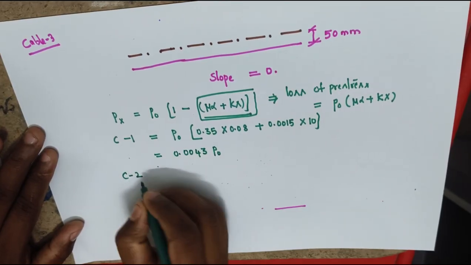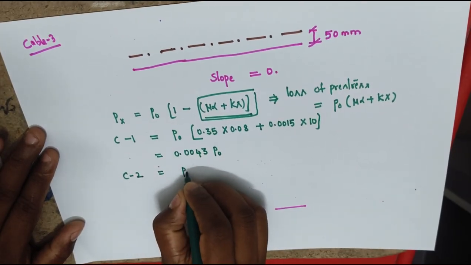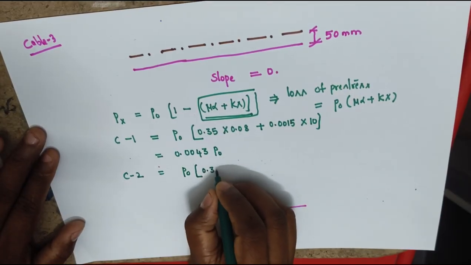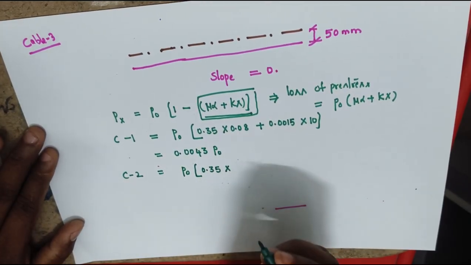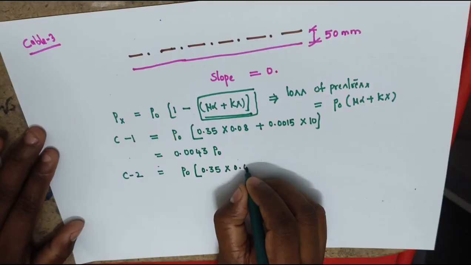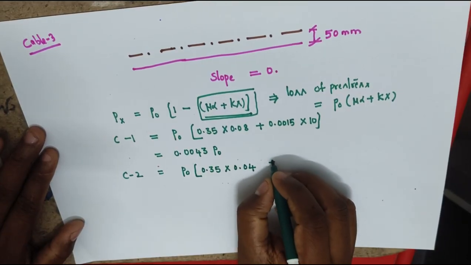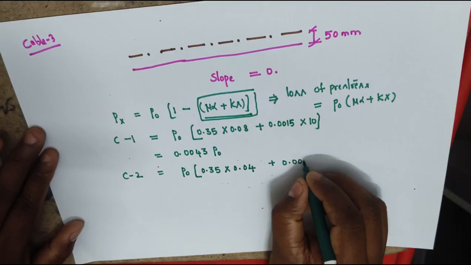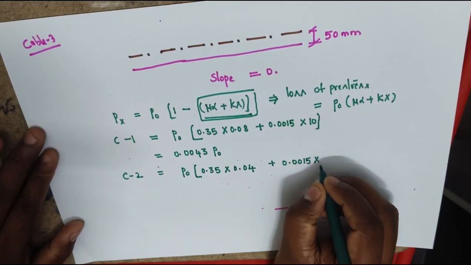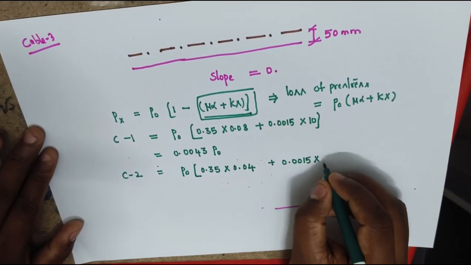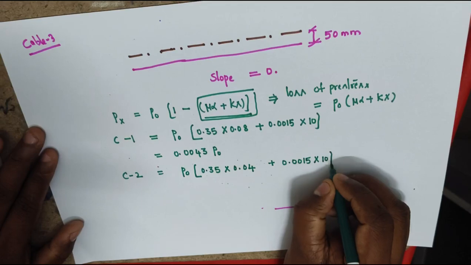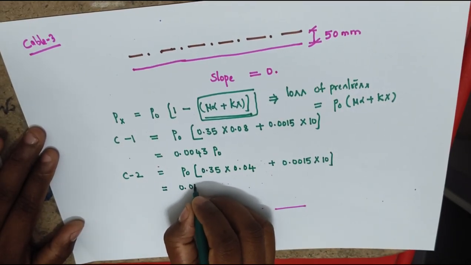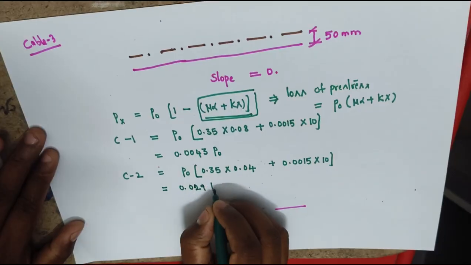In cable 2, P0 times mu is 0.35, alpha is 0.04, plus K value 0.0015 per meter, total 10 meters span. This value is 0.029 P0.